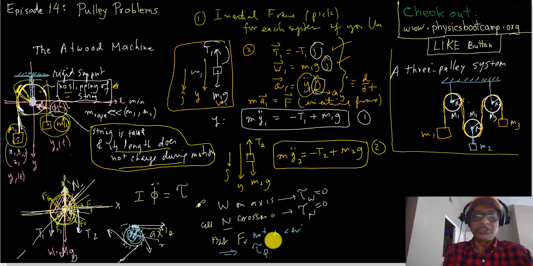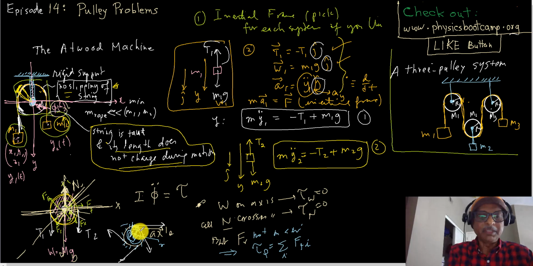So this will be the sum of all these frictional forces at location i, if you break it into small pieces, times the radius of the wheel. So this will be the total torque.